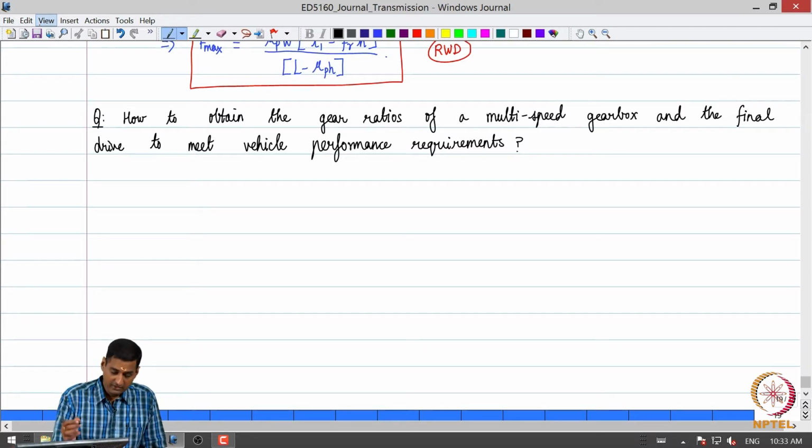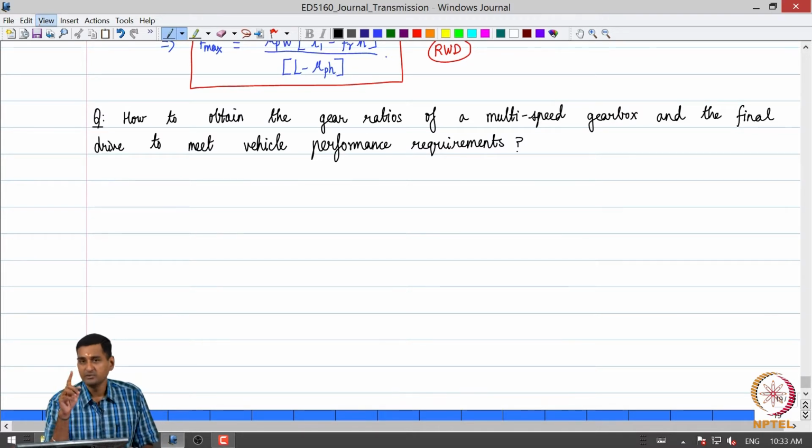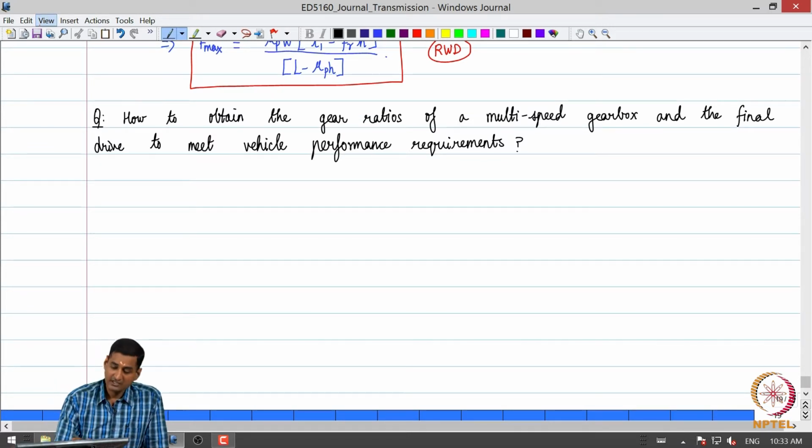In other words, we would also want to figure out how to convert vehicle performance requirements like gradability, maximum speed requirements, etc., into some useful mathematical relationships that can be utilized to obtain first cut values of these gear ratios. So, that is the question we are asking ourselves.